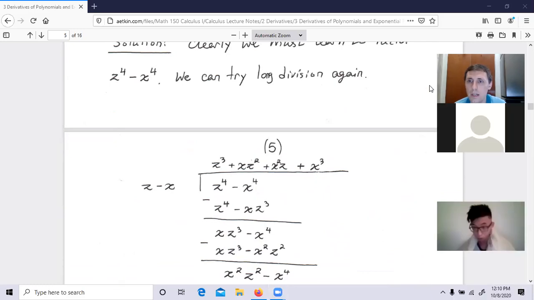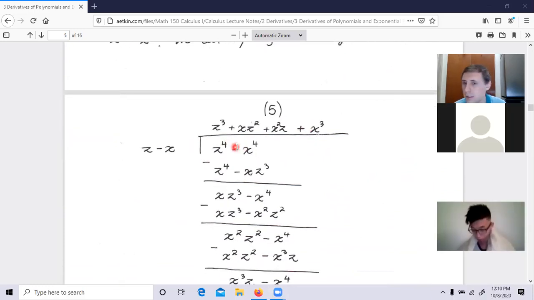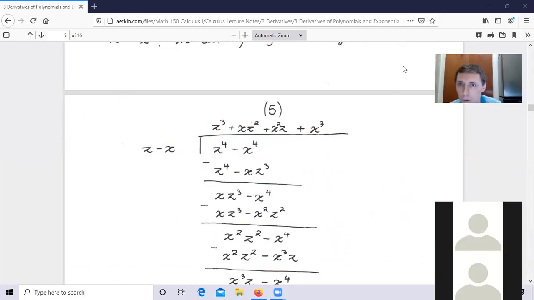Are you there, guys? So if I don't see the pattern, I can always use long division. Good? So it's z to the 4 minus x to the 4 divided by z minus x. What do I need to multiply z minus x by to get z to the 4? Well, clearly z cubed. So I multiply by z cubed. And you understand how long division works, guys, right?